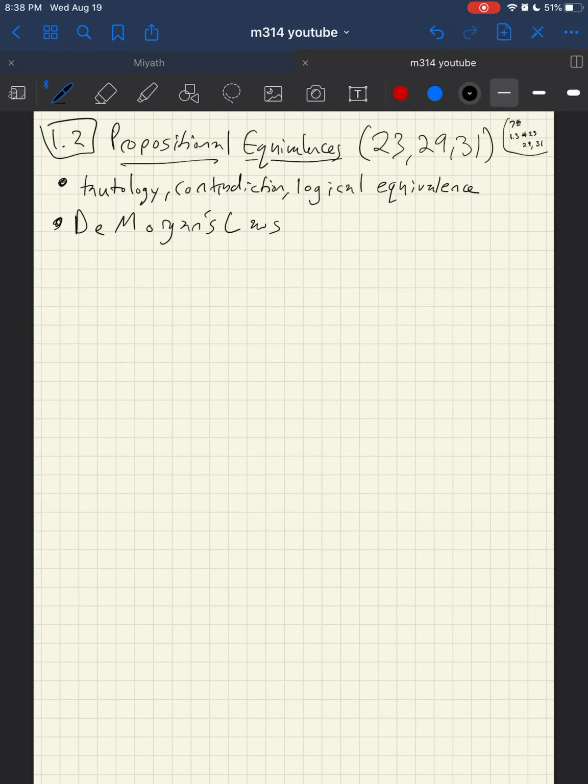I think this would have been section 1.2 in the 7th edition book, and this might have been the second half of section 1.1 in the 6th edition book. But let's just do some examples of propositions to cement in what we did last time.